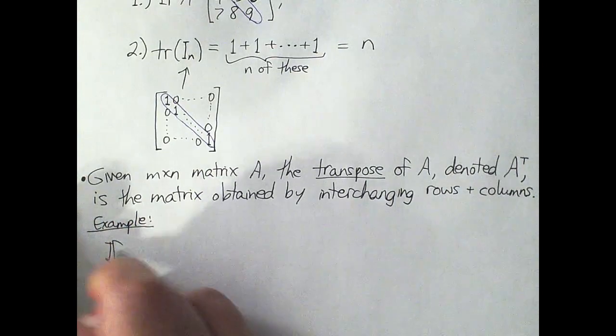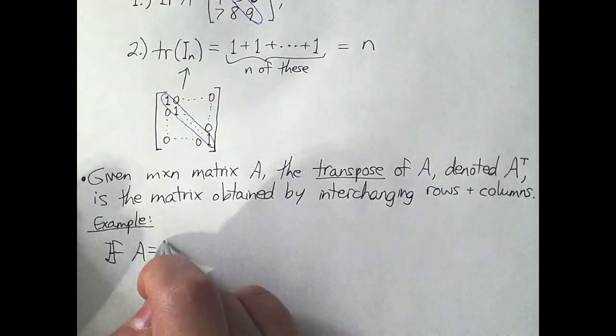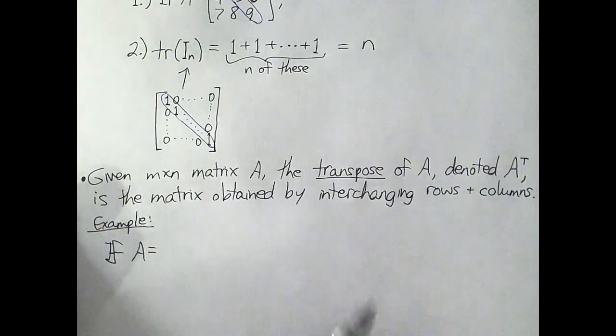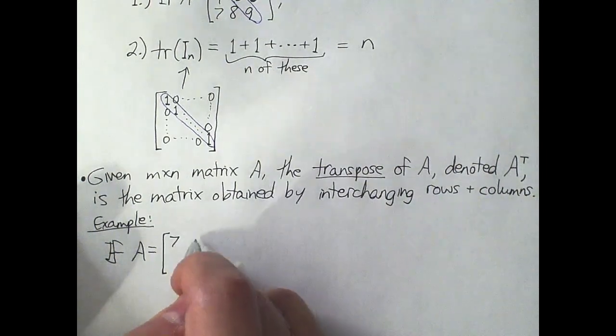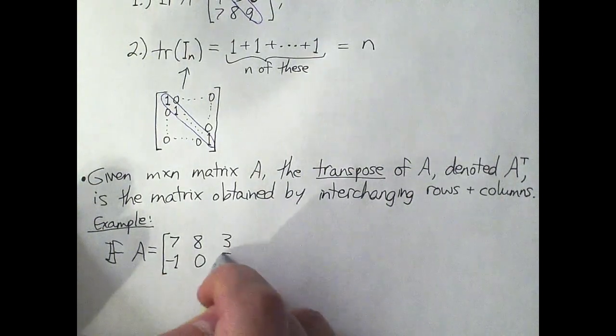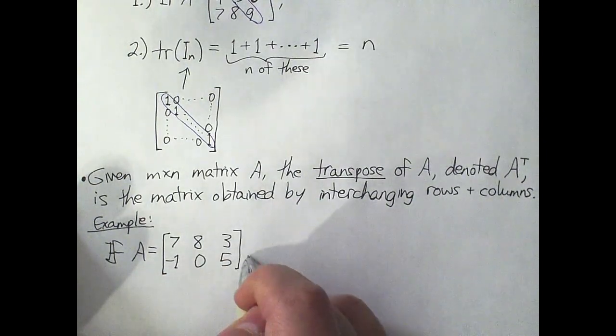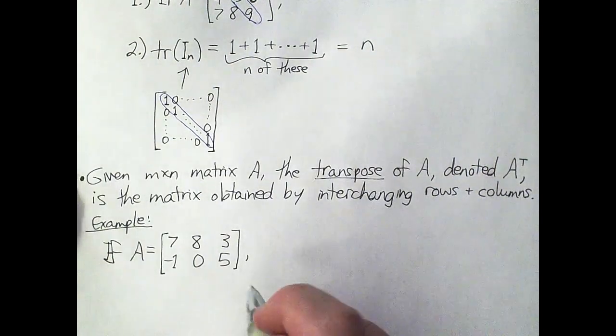Example, if A equals, now in this definition, it doesn't say that A has to be a square matrix. So let's do an example where it's not square. So we're going to go 7, 8, 3, -1, 0, 5. Remember, in the definition of trace, it said the matrix had to be n by n. So for trace, you have to have something square. For transpose, you don't.